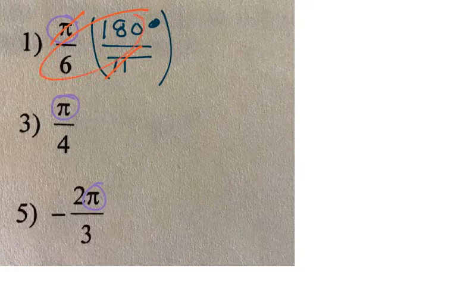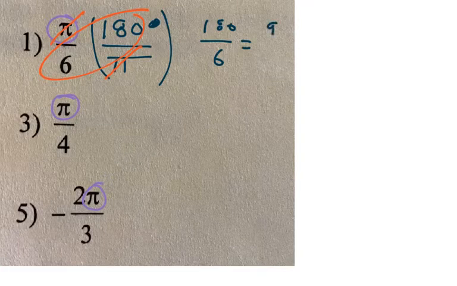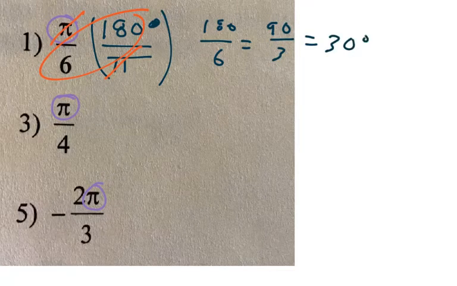And now all I have is 180 over 6. You could reduce that with your calculator if you needed to. But I know, and you should know, that 180 divided by 6 is 90 over 3. I just divided by 2. And now I'm just going to divide by 3 and get 30 degrees.